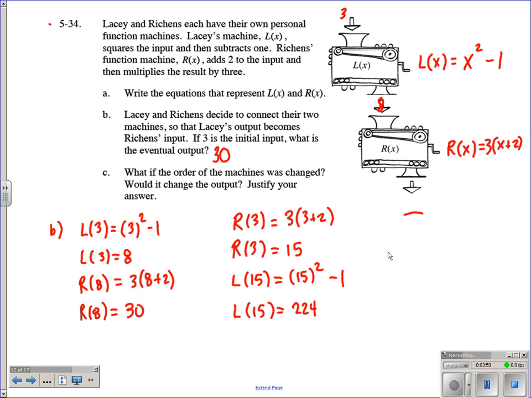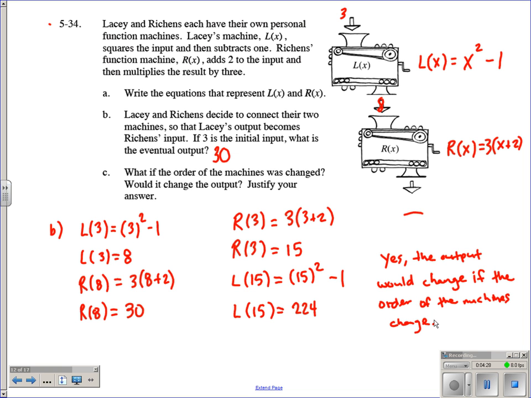Yes, it would change the output. So yes, the output would change if the order of the machines changed.